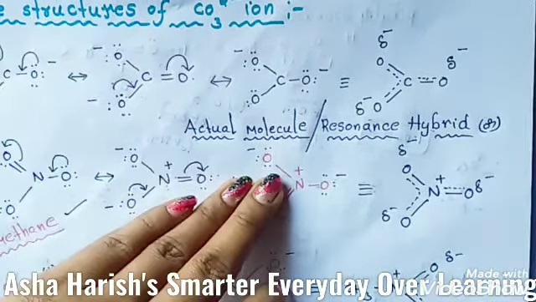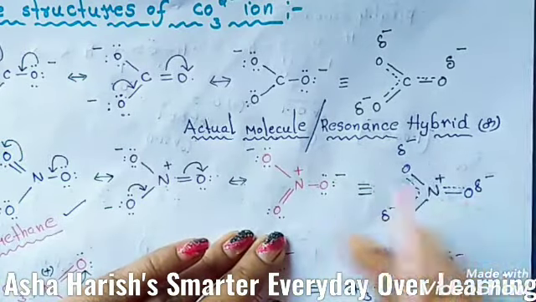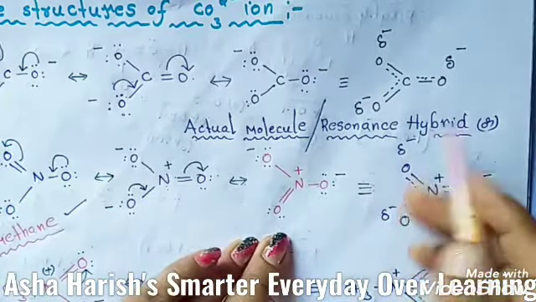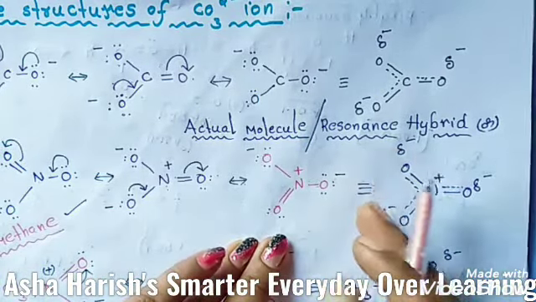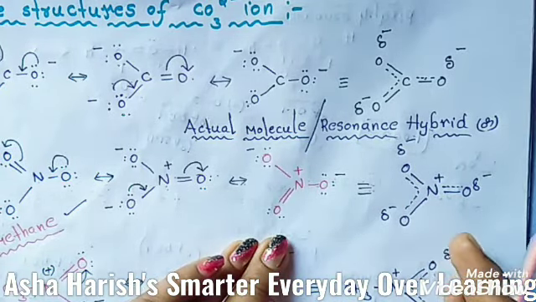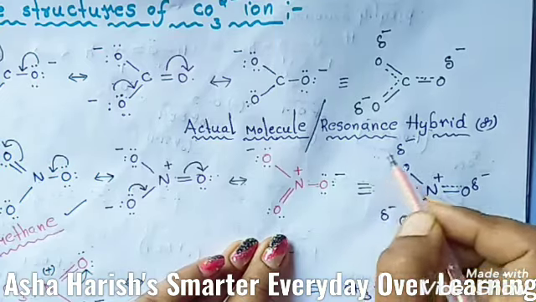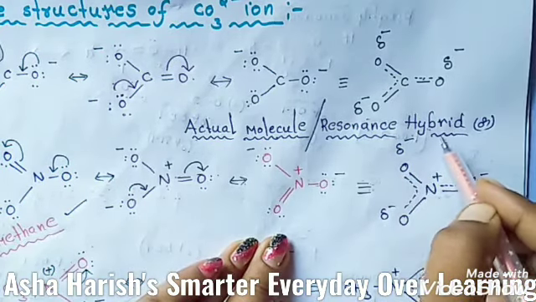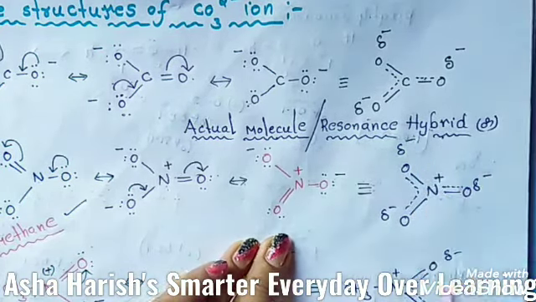Canonical structures are nothing but hypothetical or imaginary structures. This stability is due to the delocalization of electrons and is measured in terms of resonance energy or delocalization energy.